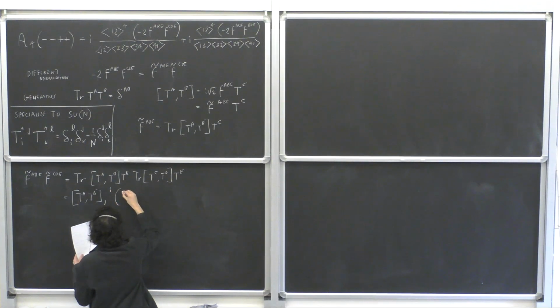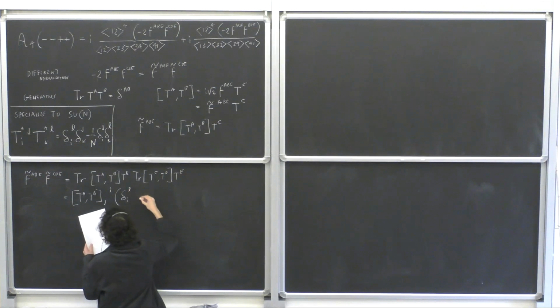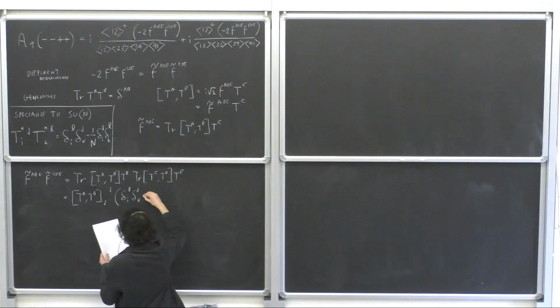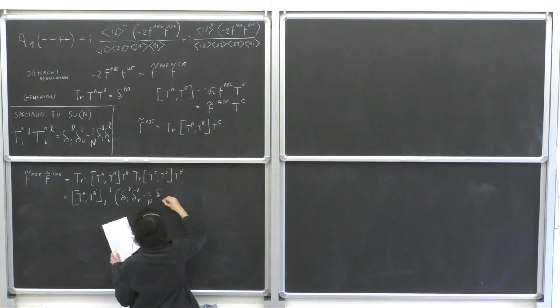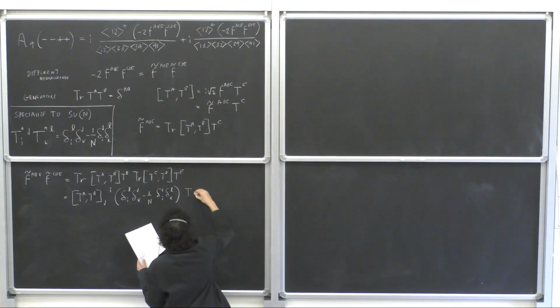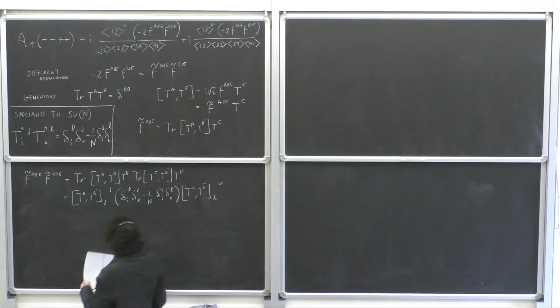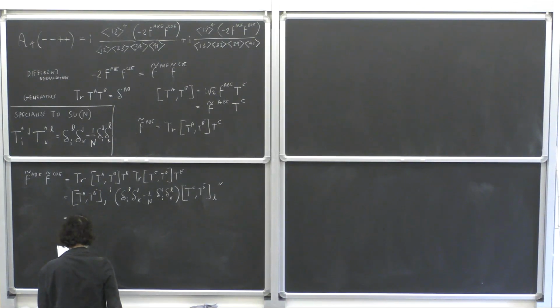Here we would have the completeness relation inserted, delta_{il} delta_{jk}. There is, of course, the trace term. And here there is the other commutator, which I write as a commutator with indices explicitly displayed, l and k. Okay, so just by using this, we write this as an overall trace of the two commutators paired.